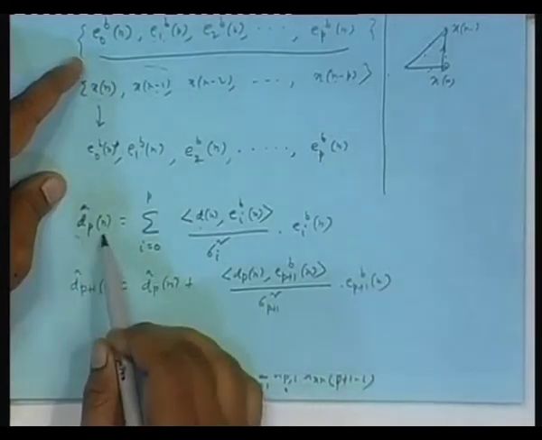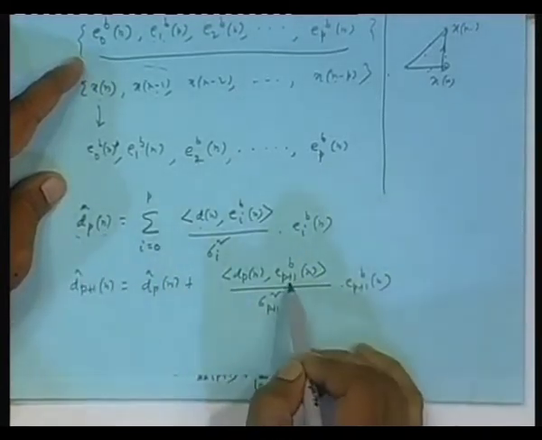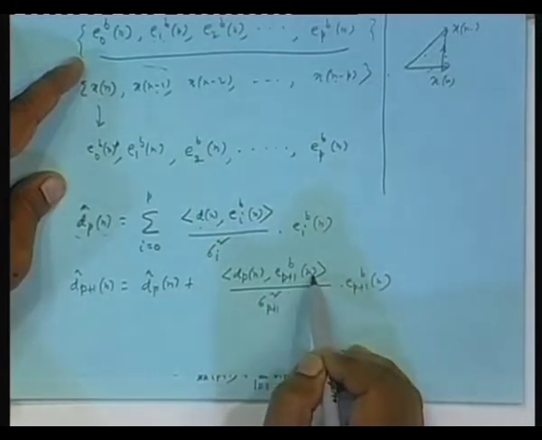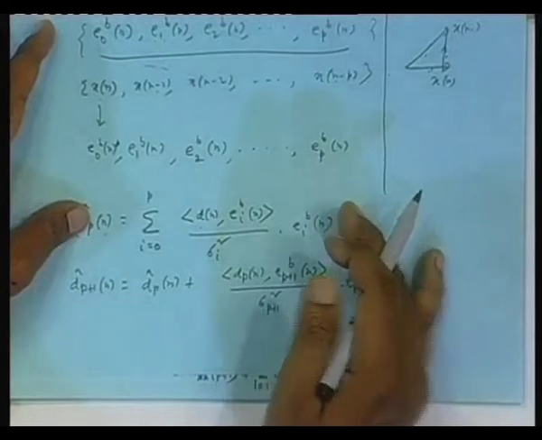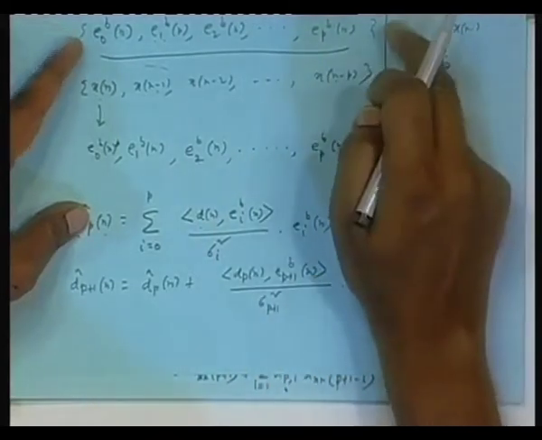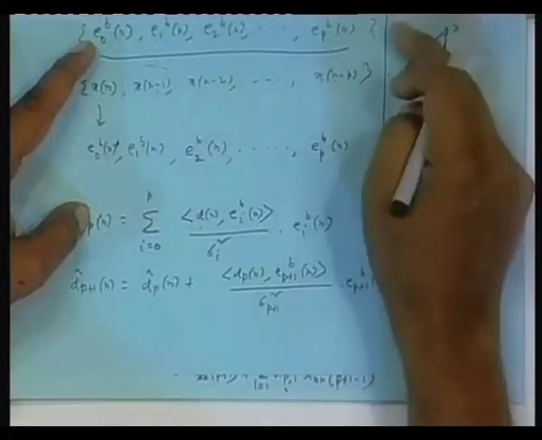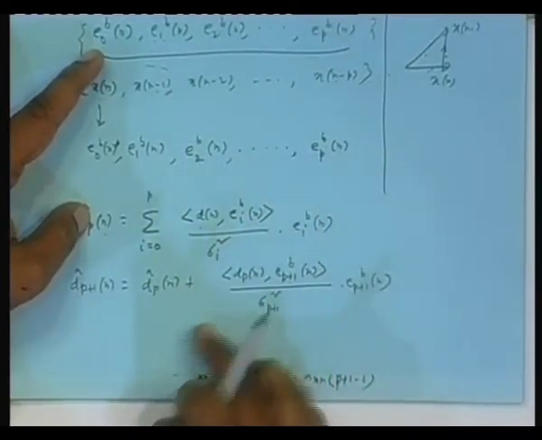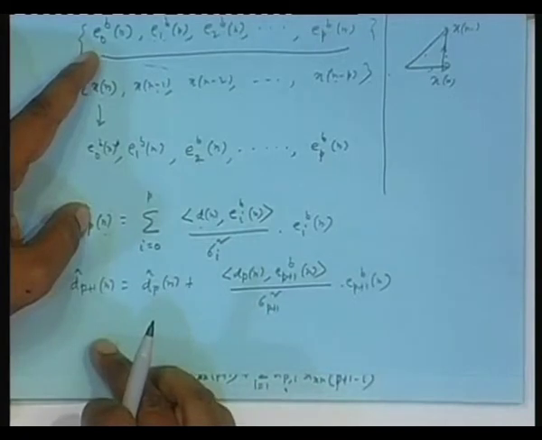To this you add this extra term with the new fellow, p plus 1 B n. Up to this was there, you are adding one extra chap here, just project it orthogonally on the space spanned by this, take the error, that error is this, you just compute this extra projection. So, you understand, recursively it can be obtained.